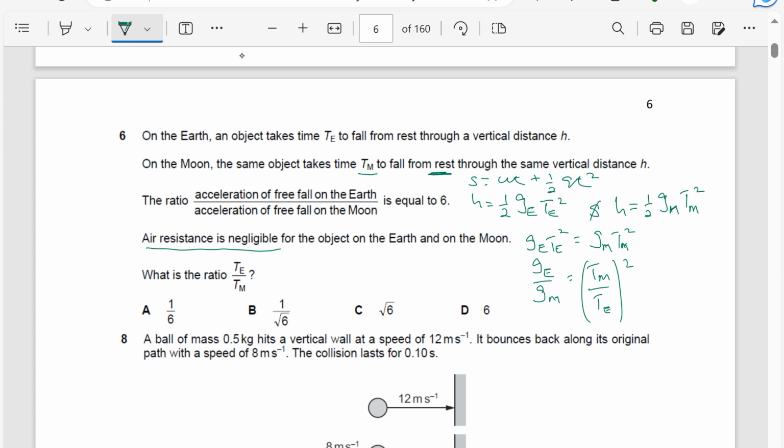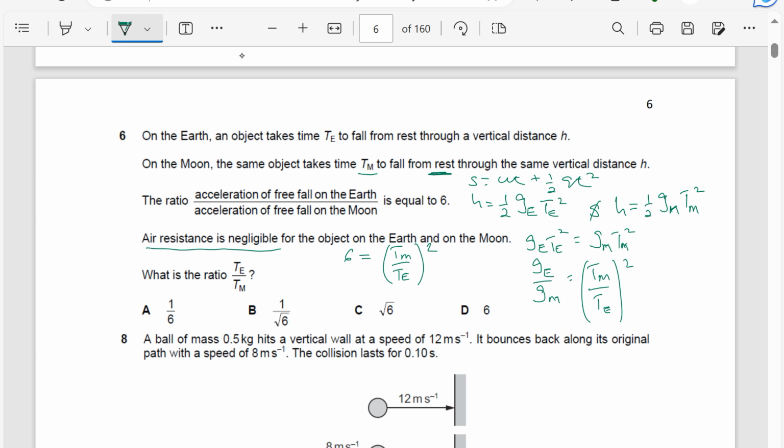So ge over gm is 6. So I'm simply saying that 6 equals tm over te, but this is squared. But we want te over tm, so we shall find the square root of both sides and get the reciprocal.